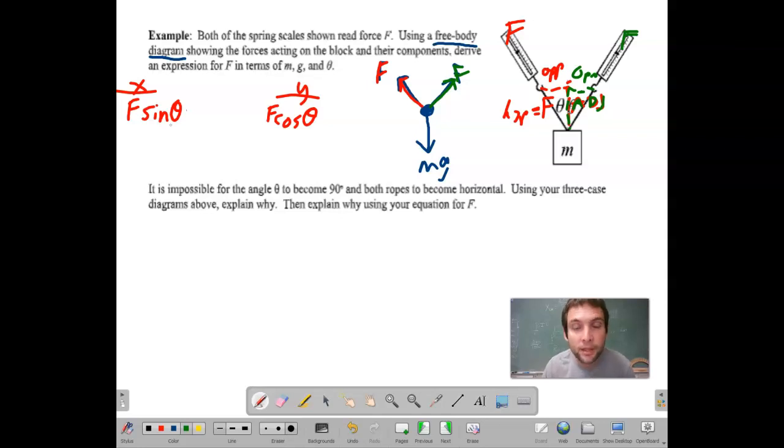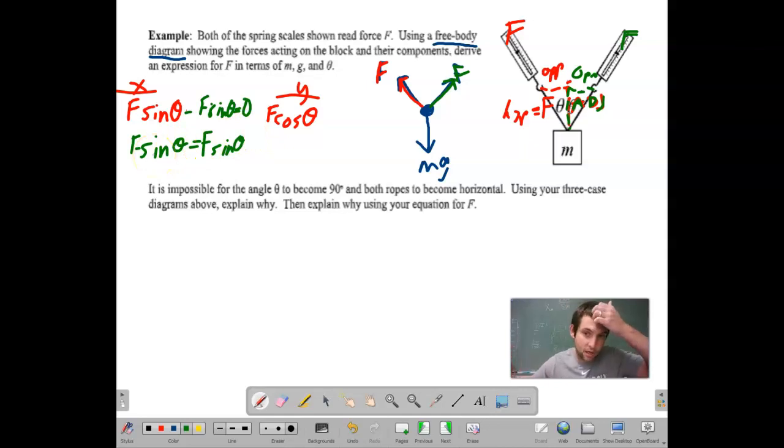If we're in equilibrium, there's no acceleration and it just equals 0. So horizontally, if the red is making it go, then the opposite would be the green, F sine theta, equals 0 because it's not moving. If we solve for this, we would just get F sine theta on one side equals F sine theta on the other side. It's not canceling out. It's kind of useless to us.